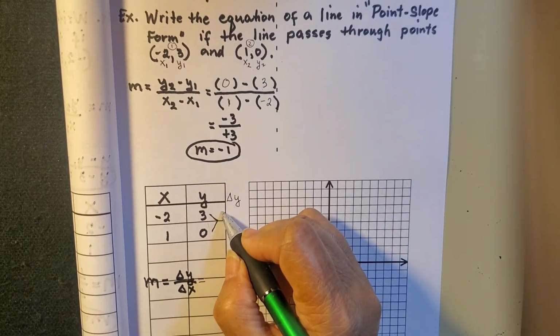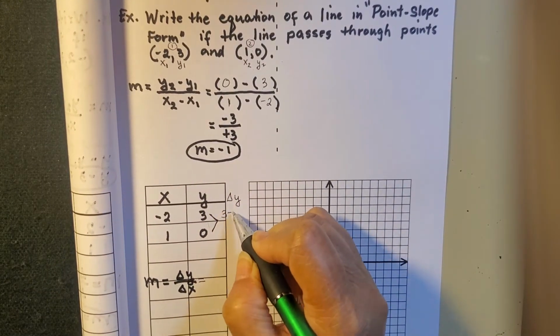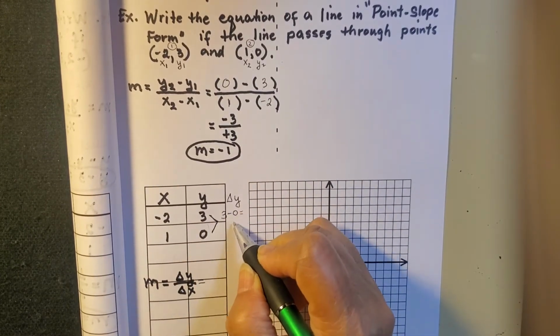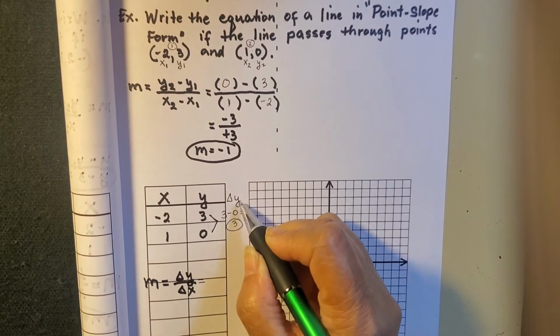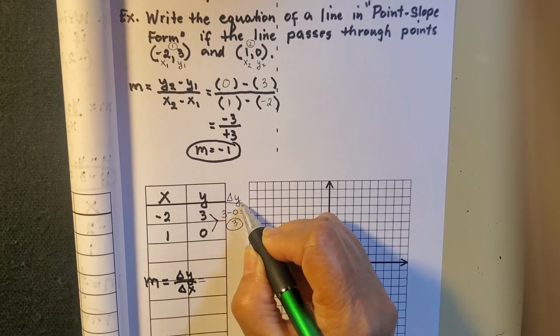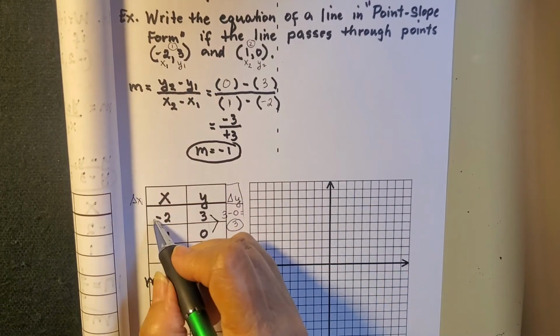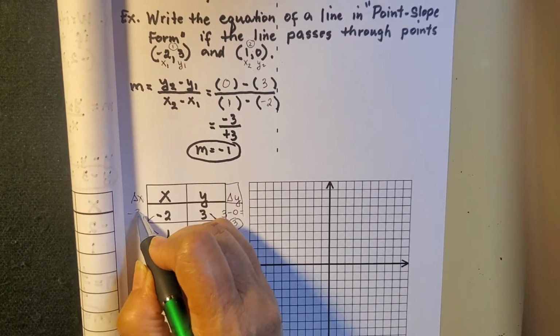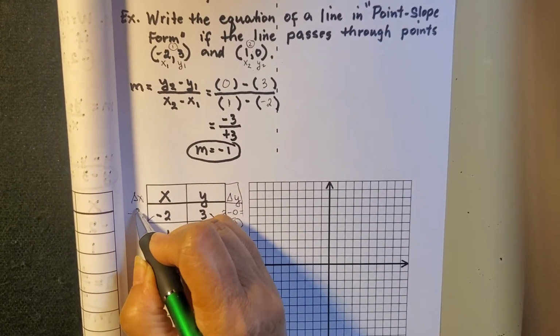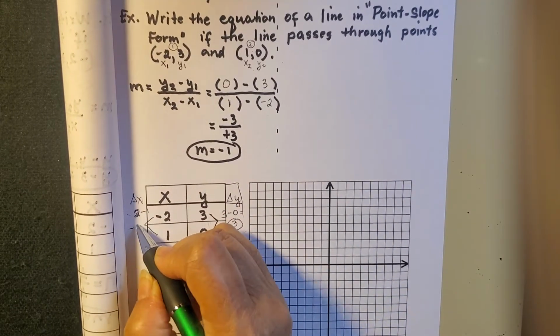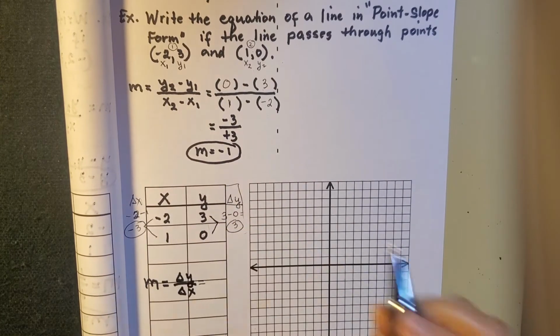So this will be 3 minus 0. 3 minus 0 is equal to 3. So that is your change in y. My change in x will be negative 2 minus 1. And the answer will be negative 3.